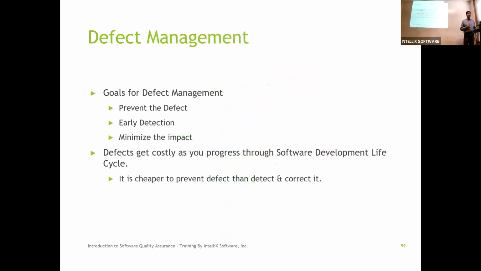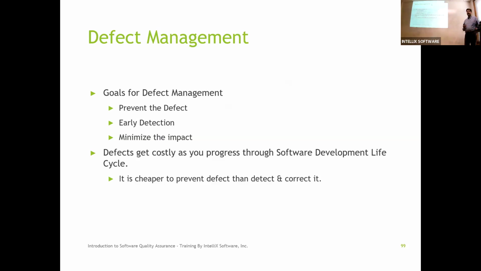Okay, what is the goal? When you're looking at the defect management process, your first goal is to prevent defects from happening. We don't want them to be there, right? But if one does get introduced, then your first goal is to identify it as early as possible.